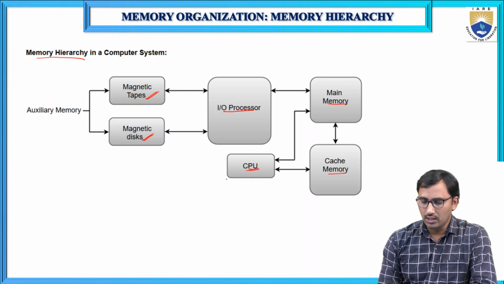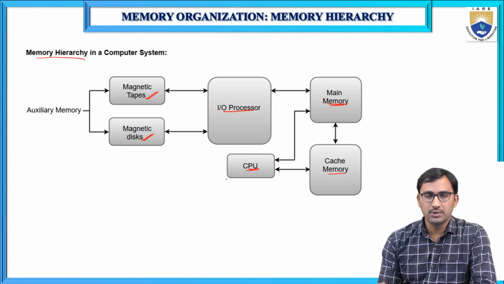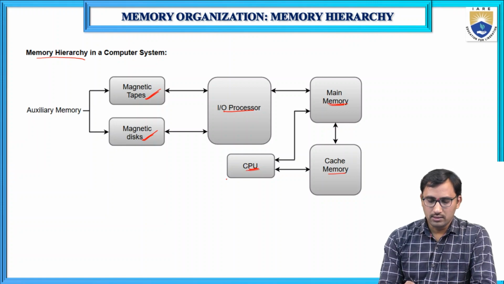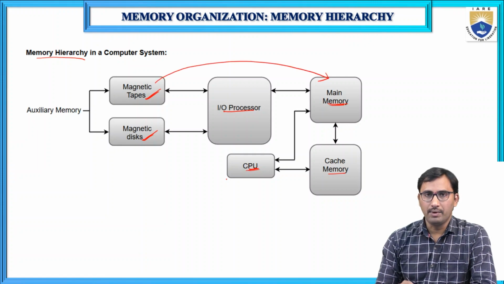The memory which can be directly accessed by the CPU is called main memory. In main memory we can store only the programs and data which are currently needed by the CPU, and all the unused programs and data are stored in auxiliary memory. Whenever such programs and data are needed, they are transferred from auxiliary memory to the main memory.